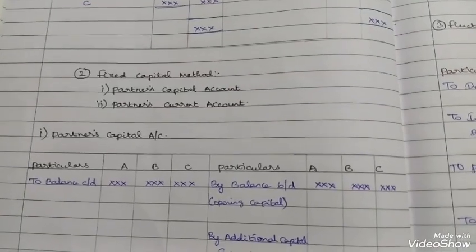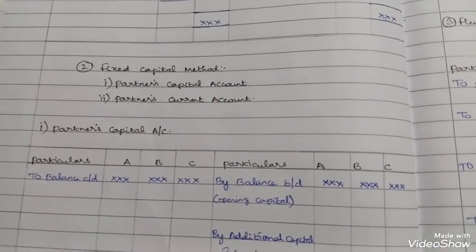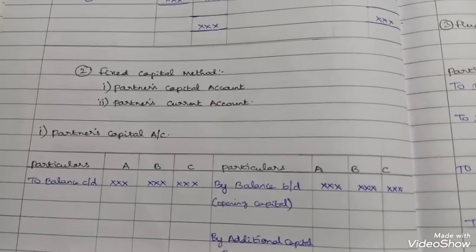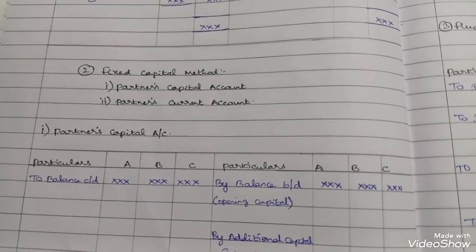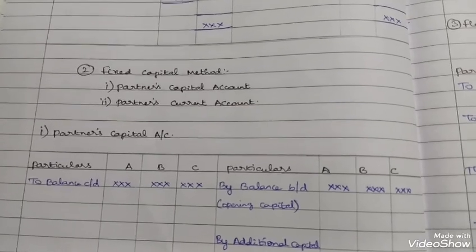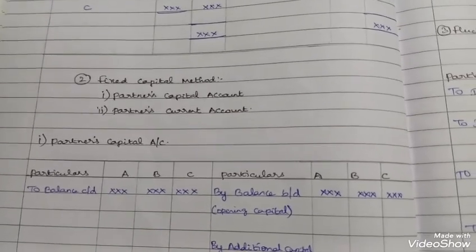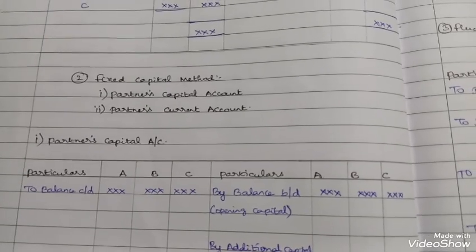The next topic which I will be covering is the partner's capital account. Here they are showing two different methods, which are called fixed capital method and fluctuating capital method. Now I am showing you the fixed capital method. Under fixed capital method, you need to follow two accounts.